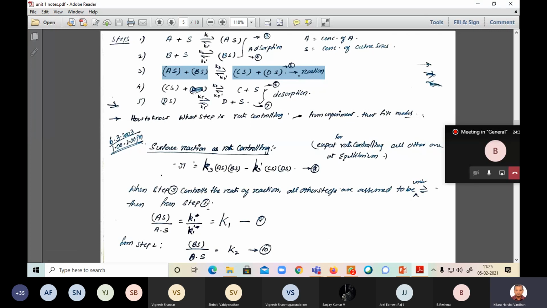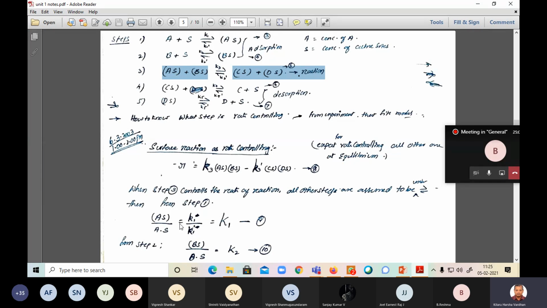Okay. So from step number 1, that is the adsorption, how can we write this? We can write A.S by A dot S, right? You write the rate expression for the forward reaction and the rate expression for the backward reaction. One over the other will give you K1, that is K1 divided by K1 star.